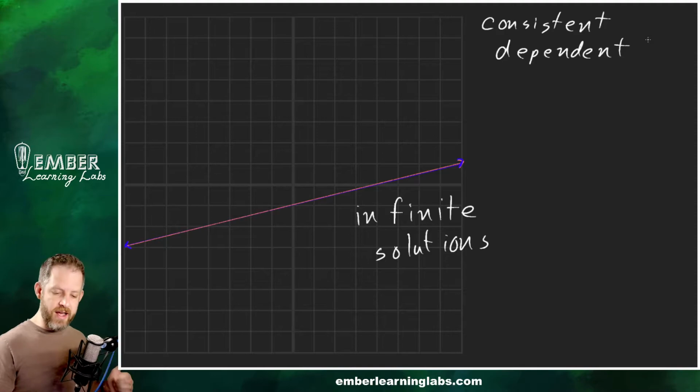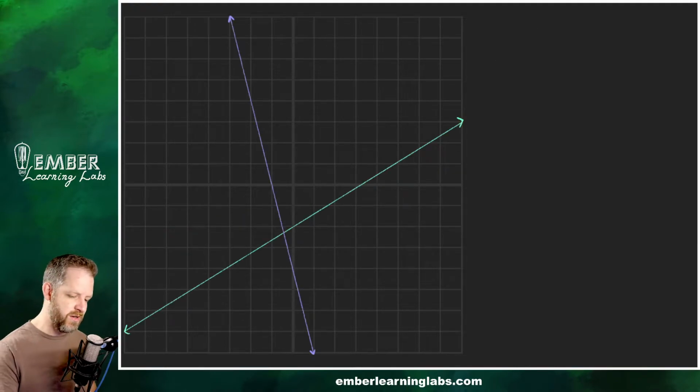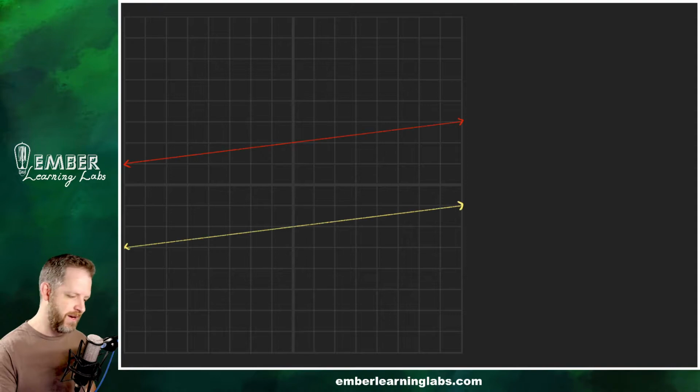Okay, so the third and final type of system, I'll give you a second to guess what it is. What do you think? Oops, I uncovered the wrong one. How about that one? Okay, where these two lines are parallel, right?